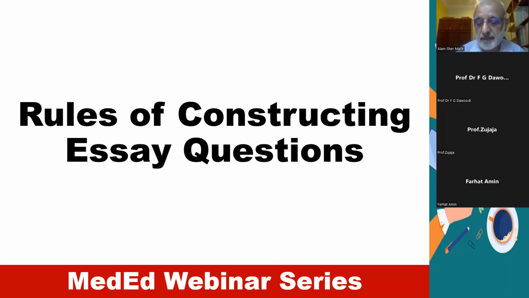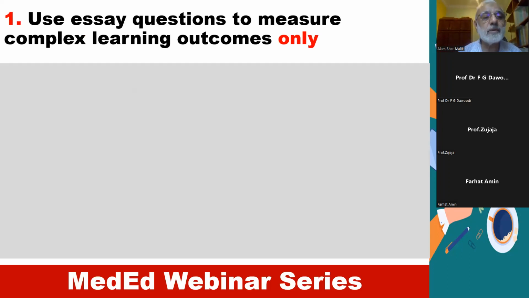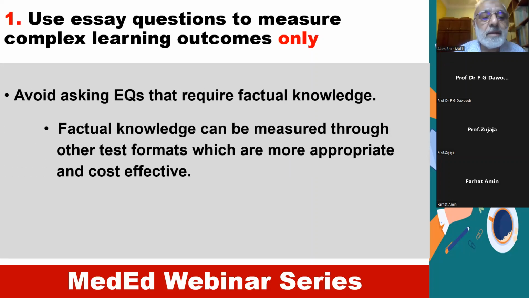Next, rules of constructing essay questions. Number one, use essay questions to measure complex learning outcomes only. Avoid asking essay questions that require factual knowledge. Factual knowledge can be measured through other test formats such as multiple choice questions, which are more appropriate and cost effective.